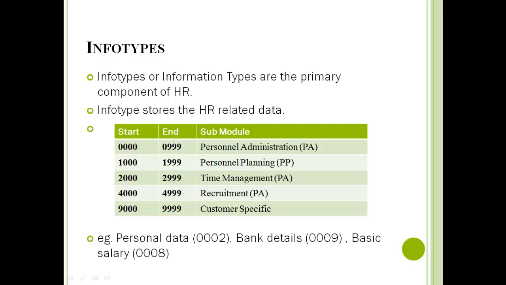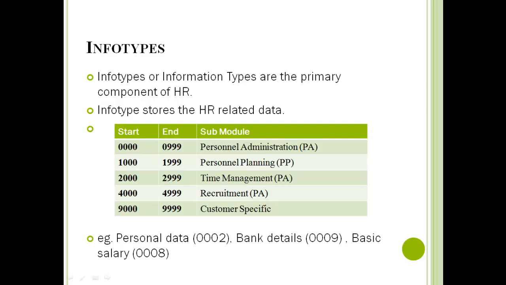This unique identifier varies from 0000 to 0999, and it's broken into sub-ranges depending on the type of information stored. 0000 to 0009 is used for personnel administration, PA, and 0100 to 0199 is for personnel planning, PP. 0200 to 0299 is for time management, which also belongs to PA. From 0400 to 0499 is for recruitment, which also comes under PA.